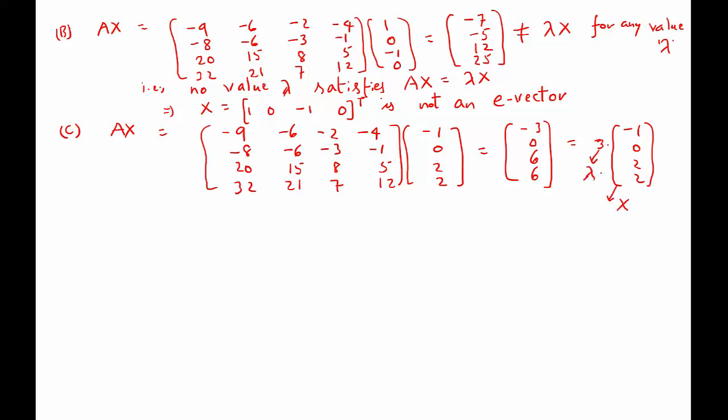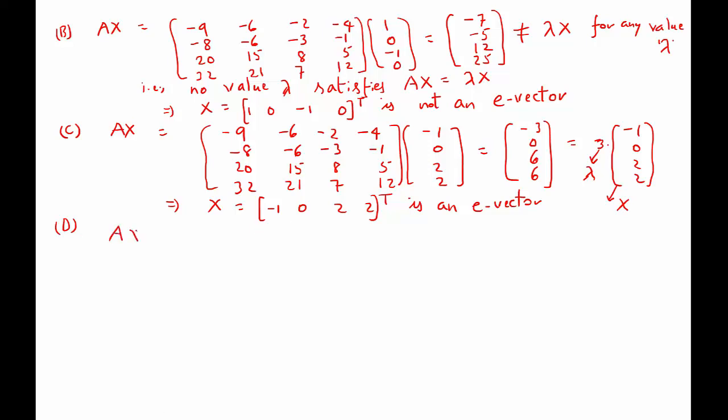So lambda, that means 3 is also an eigenvalue of the same matrix, implies x is equal to minus 1, 0, 2, 2 transpose is an eigenvector.